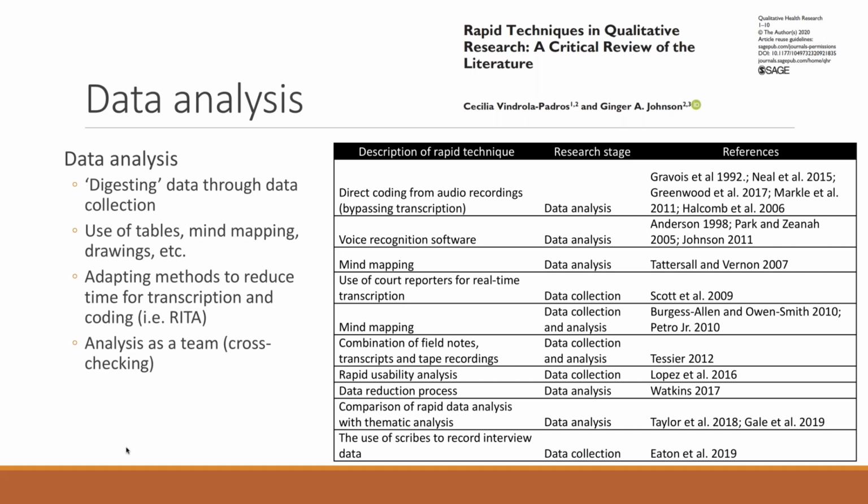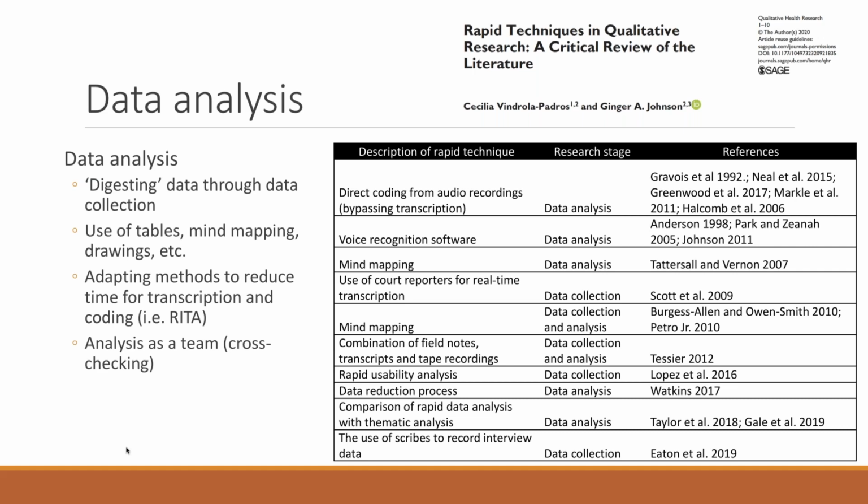So we did a piece of work trying to look at different techniques that research teams have implemented, and that's published in this review that you see here. We've looked at both data collection and analysis, but one of the key findings of the review was that many research teams are trying to bypass some stages during that early analysis phase to save time.